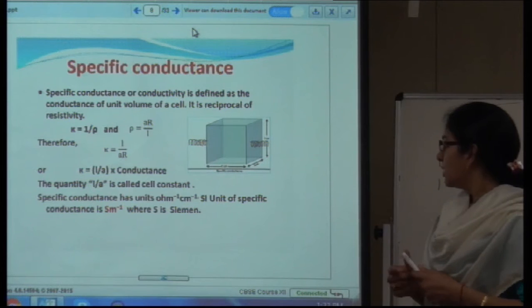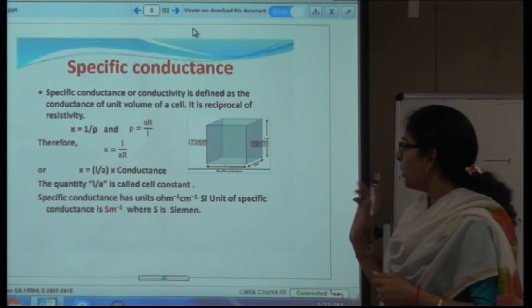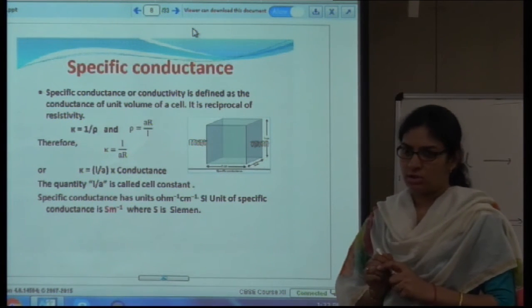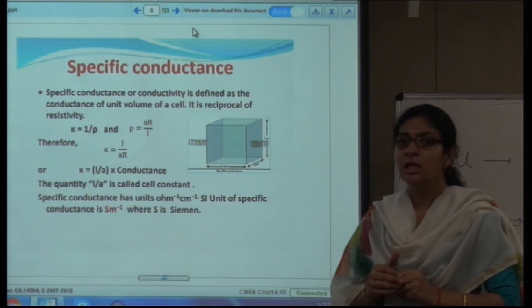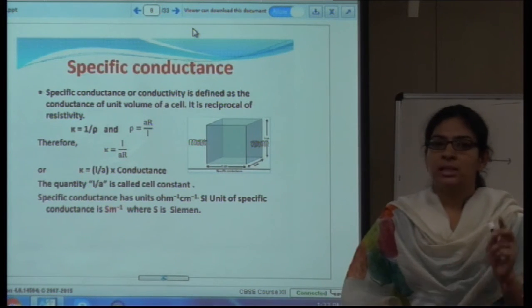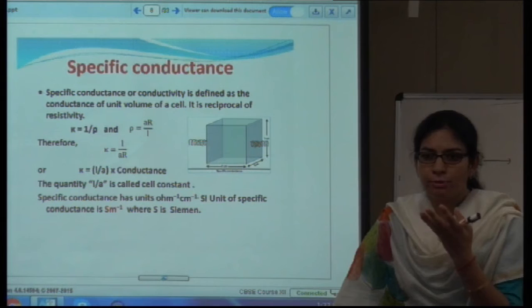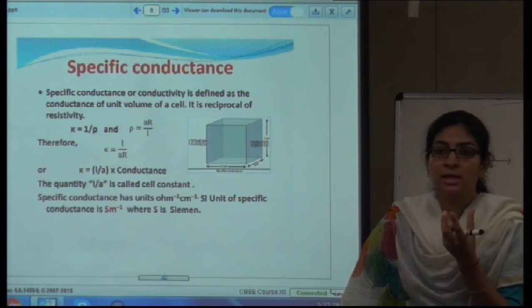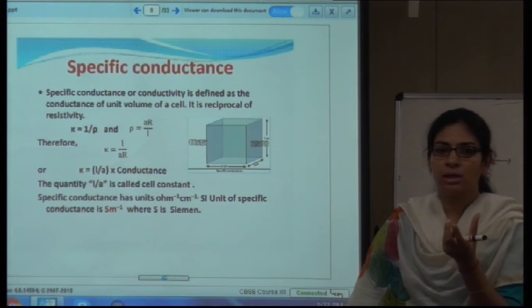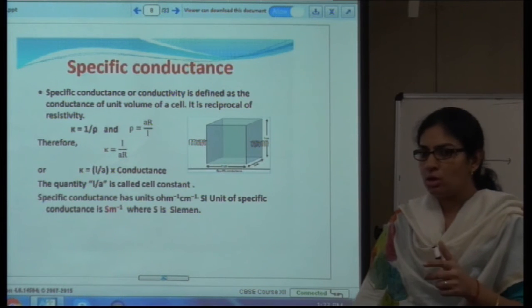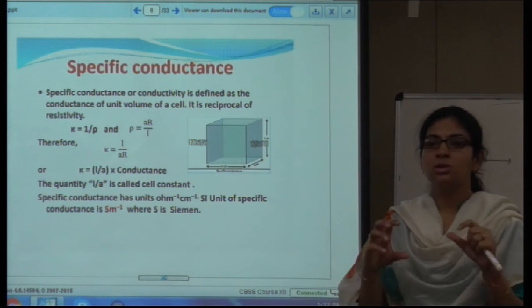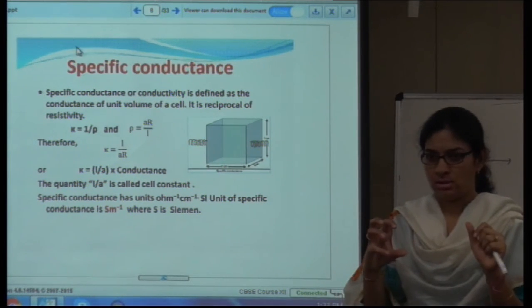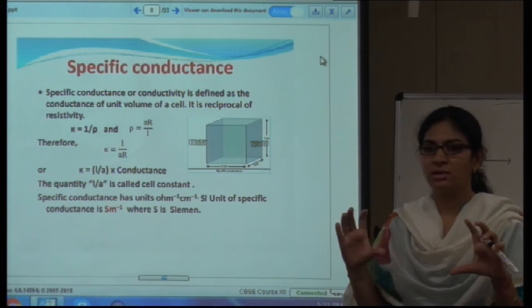And this L by A is called cell constant. Why has it been given the name cell constant? Because there is an instrument which is used to measure the conductance, known as the conductivity cell.